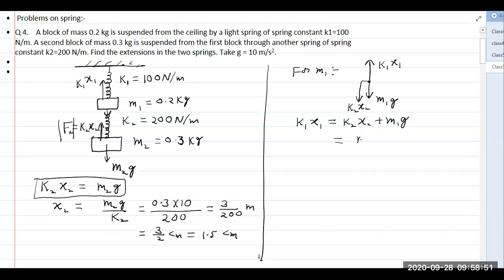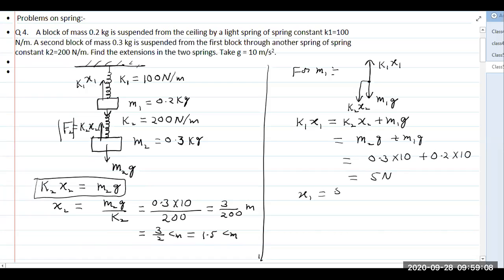So K1x1 equals M2G plus M1G, that is 0.3 times 10 and 0.2 times 10, so 3 plus 2, 5 Newton, and x1 will be 5 Newton by K1. 5 Newton divided by K1, which is 100, gives 5 by 100 in meters. In centimeters it is 5 centimeters. So in this way we can find the extensions in the two springs.